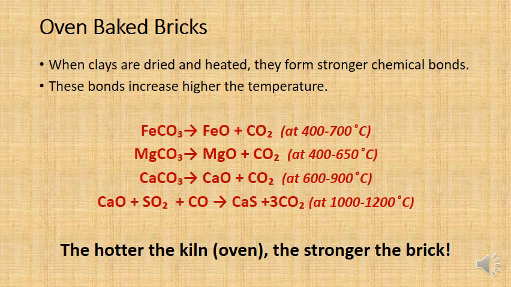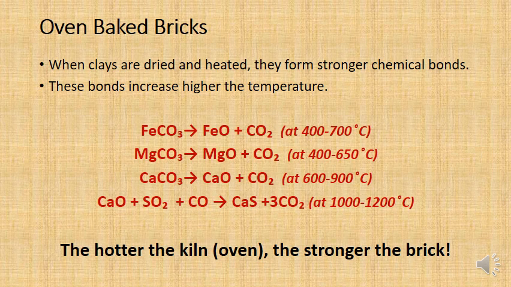So with an oven baked brick, what is it? Well, it's basically clay, just mud that has been dried and heated, and when it's heated it forms brand new chemical bonds. And these bonds will form new molecules inside the clay which will be stronger. And there will be more of these bonds the higher the temperature that you heat the clay to.